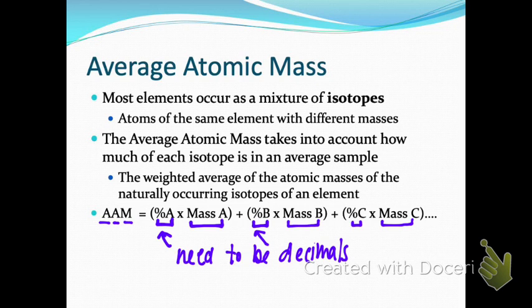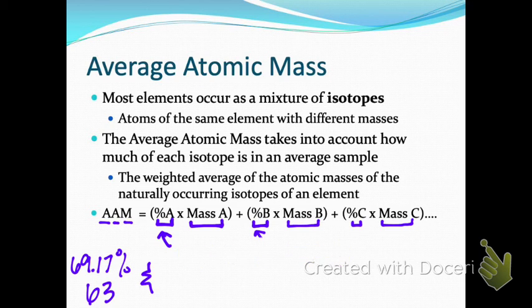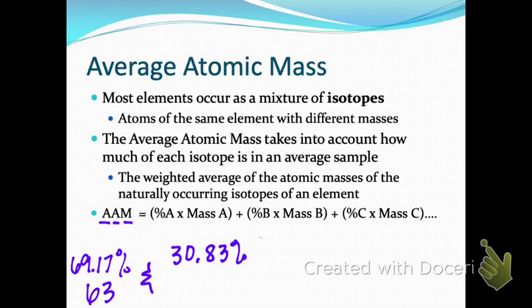I've got an example that's 69.17% with a mass of 63. And another isotope that is 30.83% with a mass of 65.